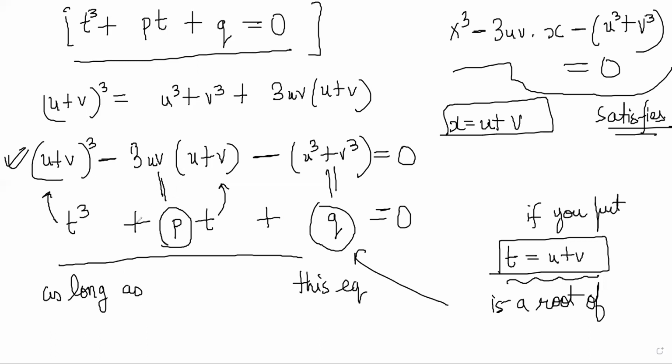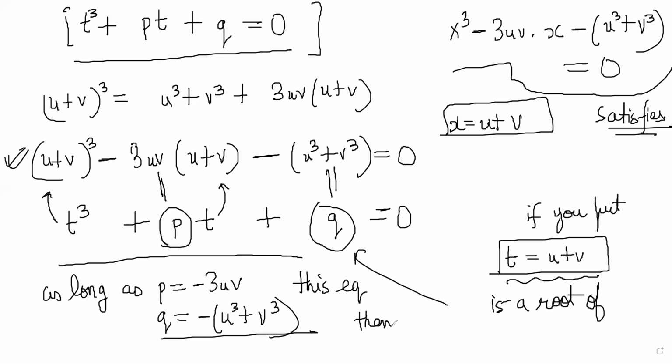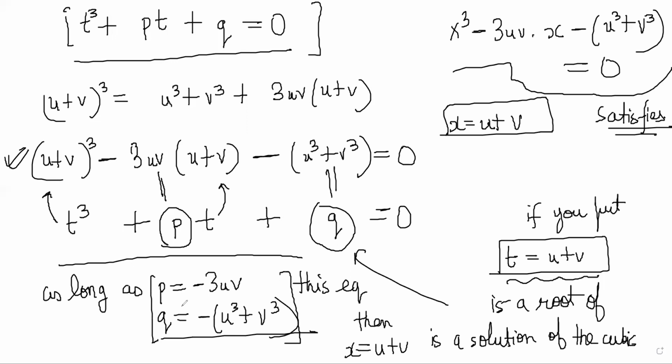He's saying that if by some chance p is equal to minus 3uv and q is equal to minus (u cube plus v cube), then x is equal to u plus v is a solution of my cubic, right? Then the identity will be true. So x is equal to u plus v will be a solution of the cubic only if these two conditions are met. P and q are these, right?